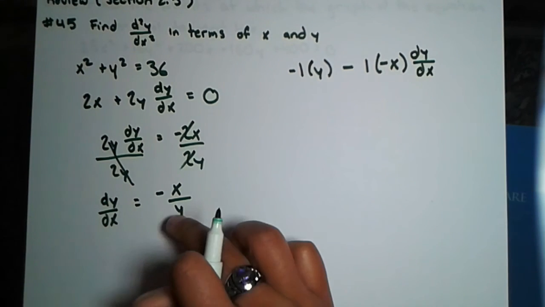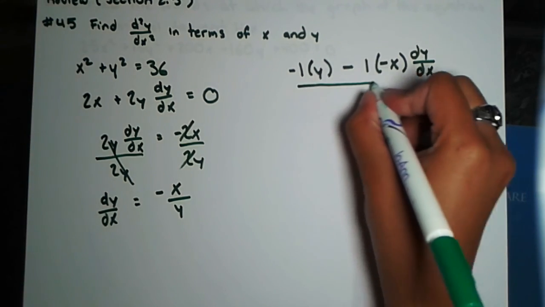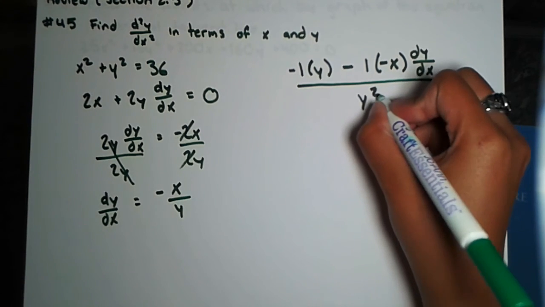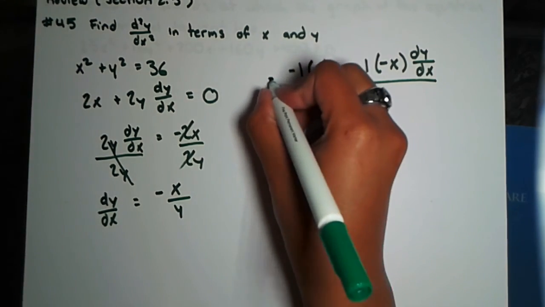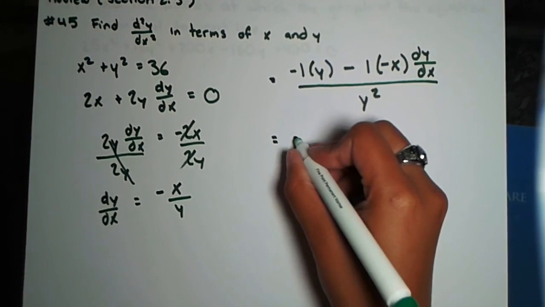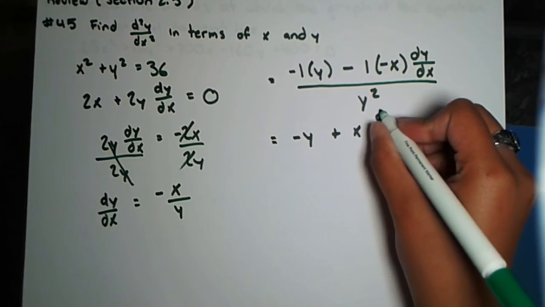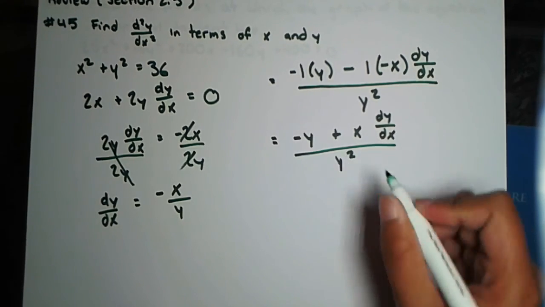Don't forget the dy/dx because you're differentiating y instead of x. All over the second squared. So that equals, let's simplify it, -y plus x dy/dx over y squared.